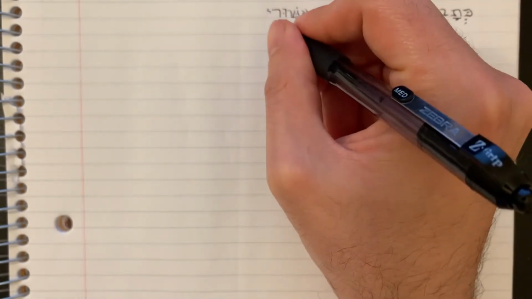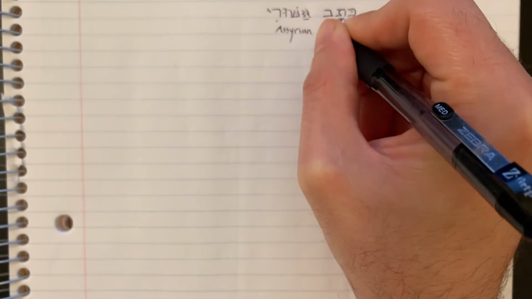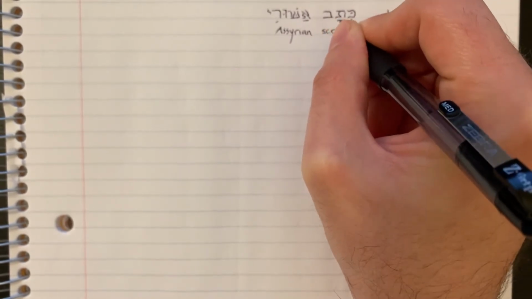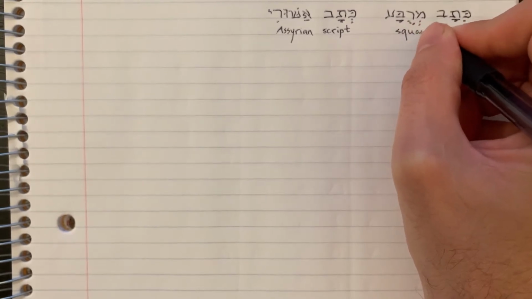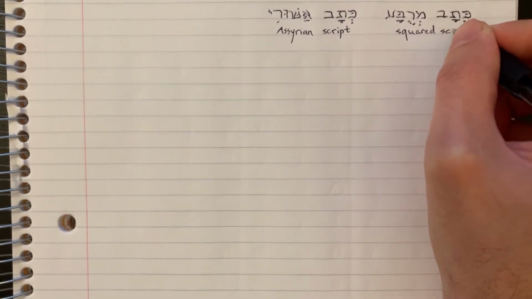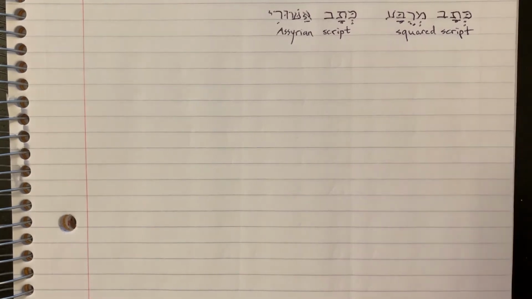So this means Assyrian script. And this means squared script. And that's the name of the script that we'll be learning here. Okay.